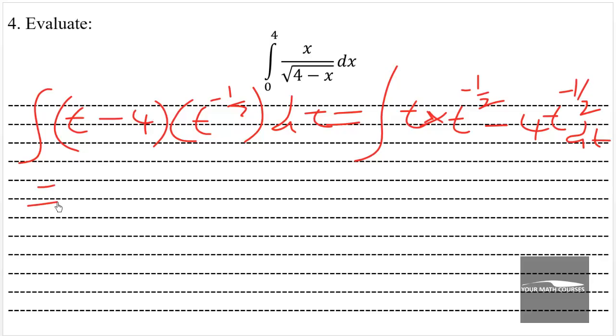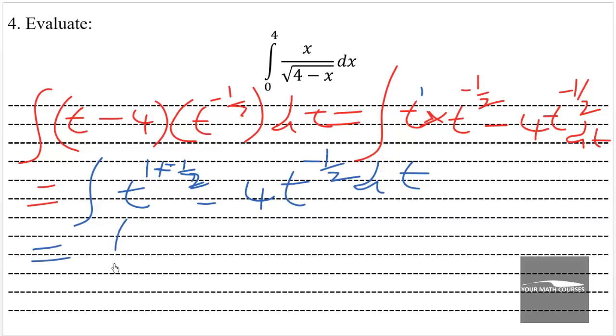So this will be equal to t times t exponent negative half. Remember, there is an exponent of 1 here, 1 plus negative half. So it will become integral of t exponent 1 plus negative 1 over 2, then minus 4 t exponent negative half dt.